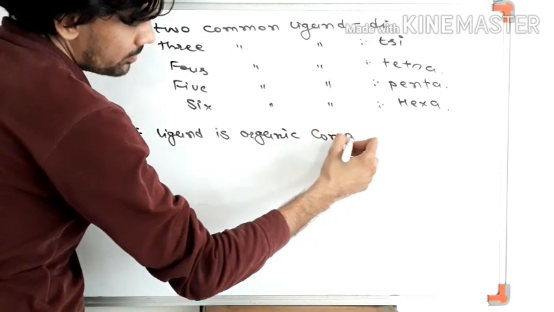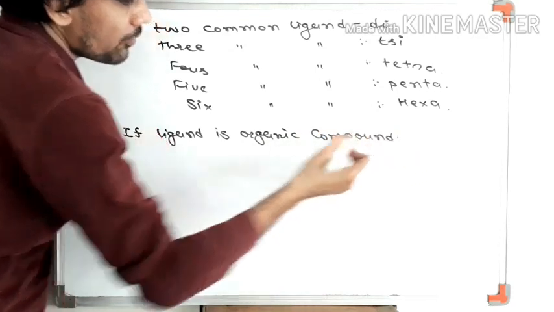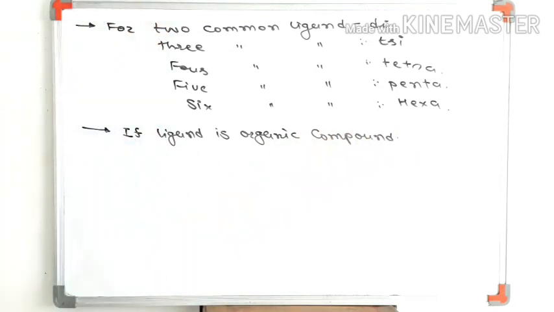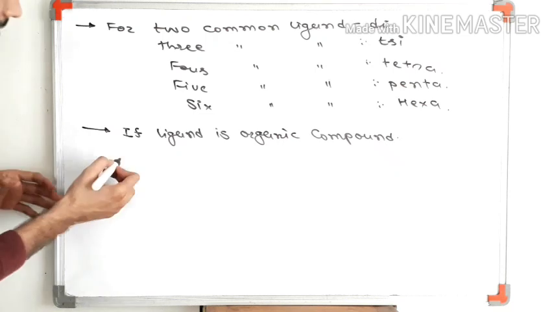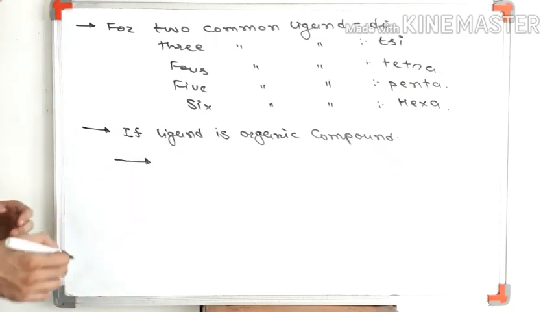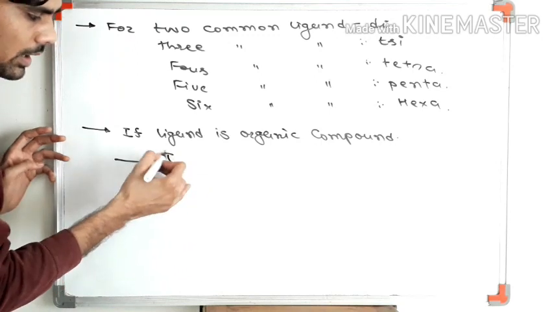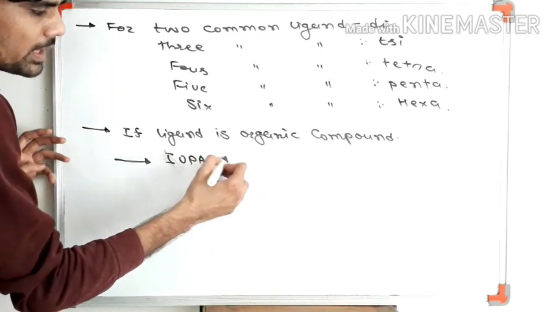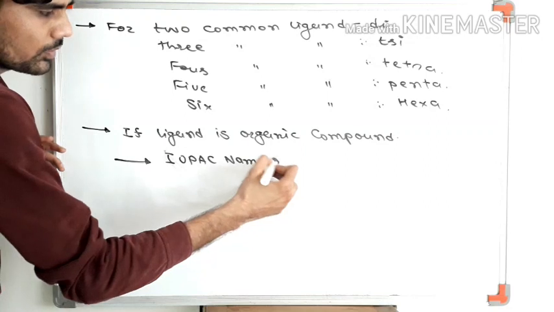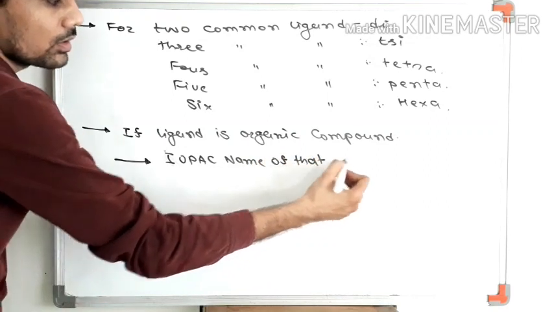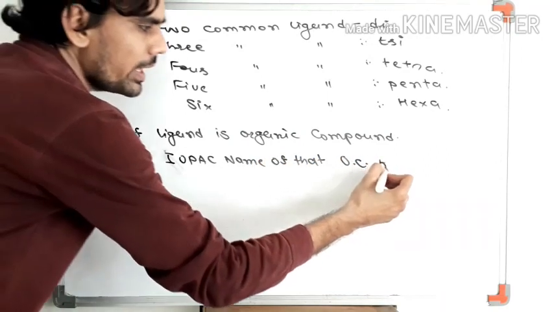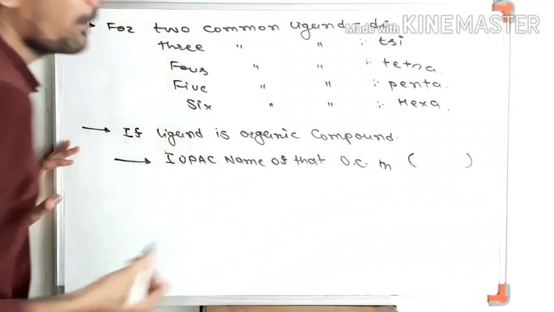If ligand is organic compound, आपको जो लिगेंड दिया गया है वो कैसा है? ऑर्गेनिक कंपाउंड है। कौन कौन से लिगेंड होते हैं, उसका क्लासिफिकेशन क्या है, वो सब कुछ हमने पढ़ा हुआ है। If ligand is organic compound, for that you have to write IUPAC name of that organic compound in bracket.